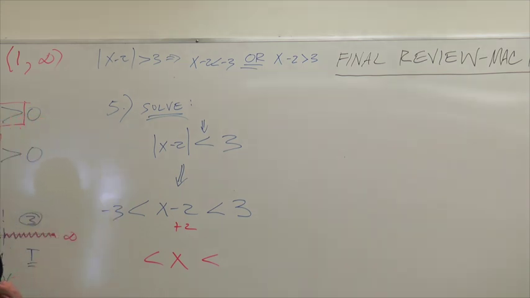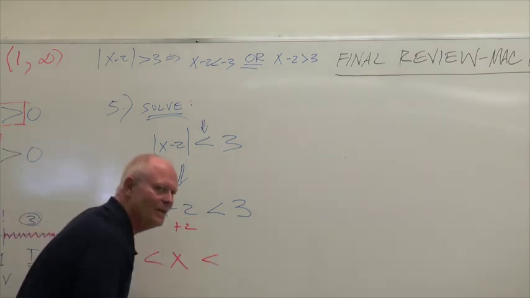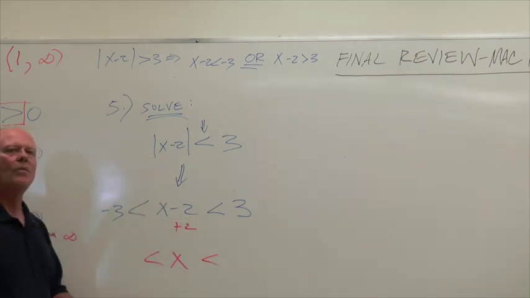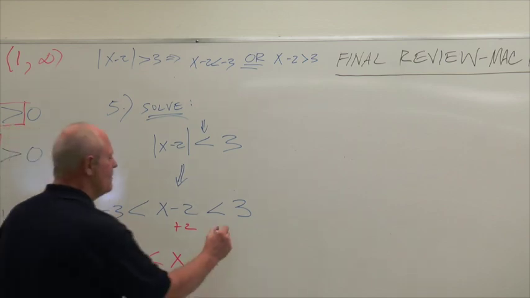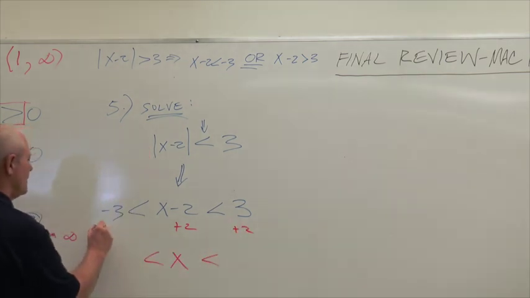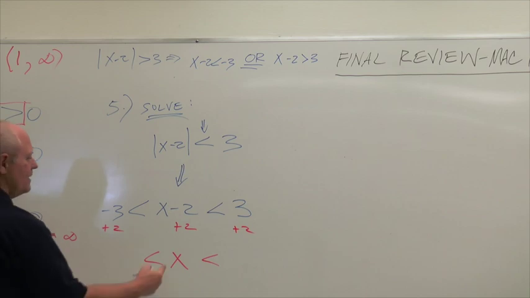Whatever you do to one side of an equation, you have to do the other. But this time we don't have 2 parts, we have 3. We have to add 2 to all 3. So 2 plus 2. What are we left with? X isolated. And what's over here?